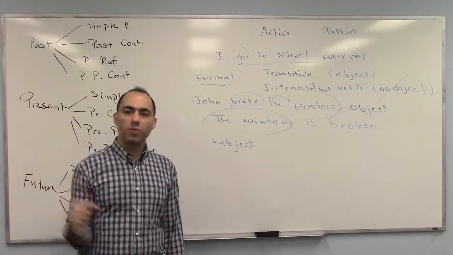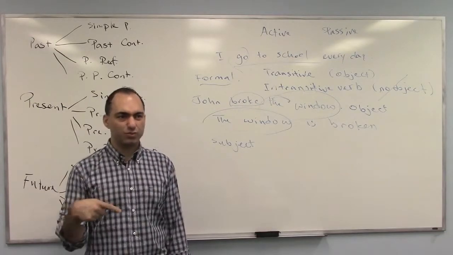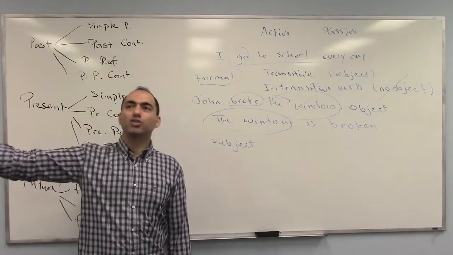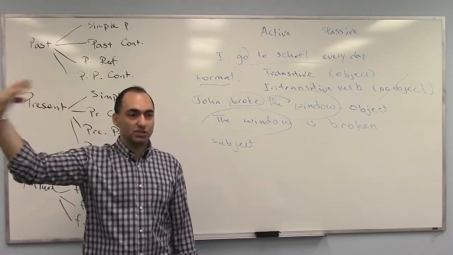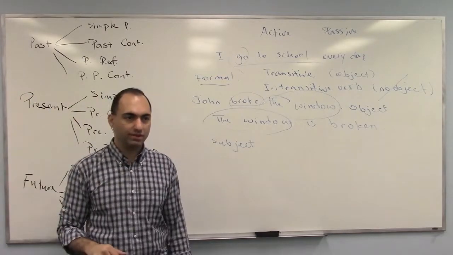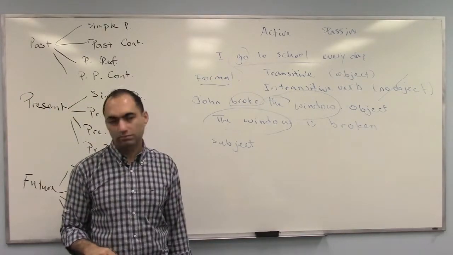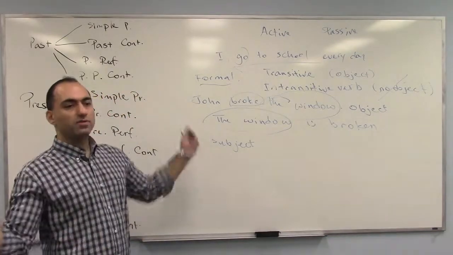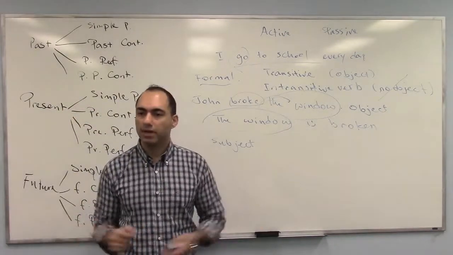The sun rises every morning. Can I say the sun is risen? By whom? If I say God raises the sun, I should say raises, and I say the sun is raised. So the verbs that are intransitive cannot be made passive.